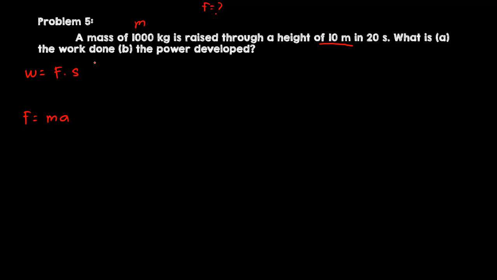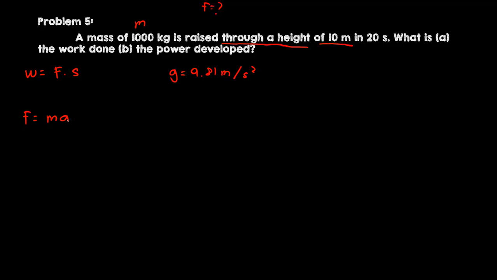Wala. So, let's look at the problem. It says that the mass is raised through a height of 10 meters. Through a height. Ibig sabihin, there is a vertical variable or an acceleration due to gravity, which is 9.81 meter per second squared. That is the acceleration due to gravity.